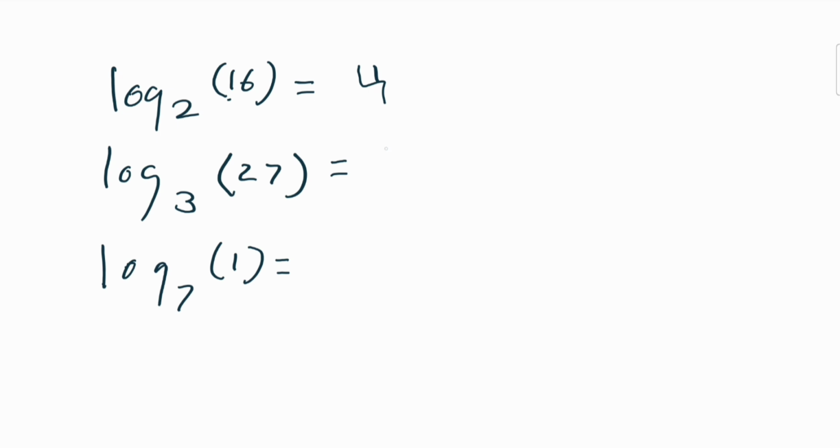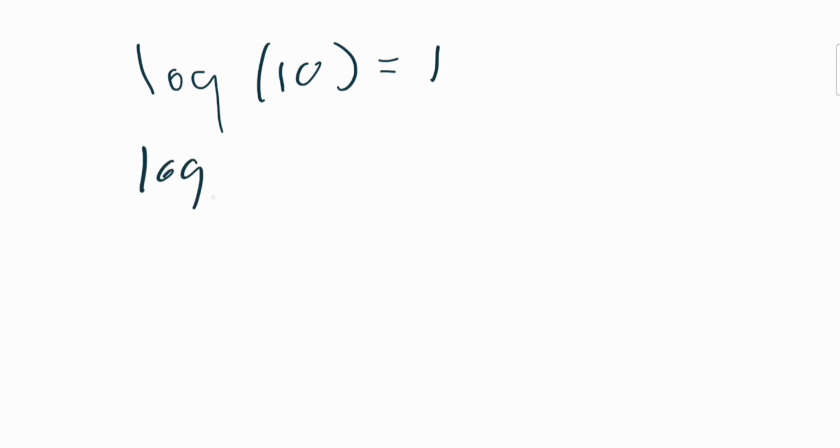So 3 to the third is 27, which means the answer is 3. Now what about log base 7 of 1? This is actually 0, because remember that anything to the power of 0 equals 1. Okay, now let's move on to some harder equations.